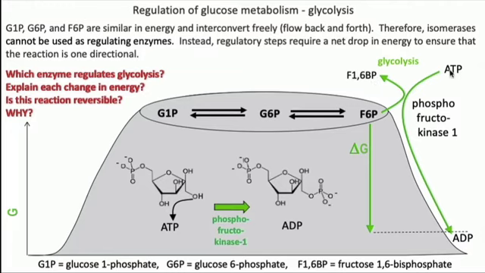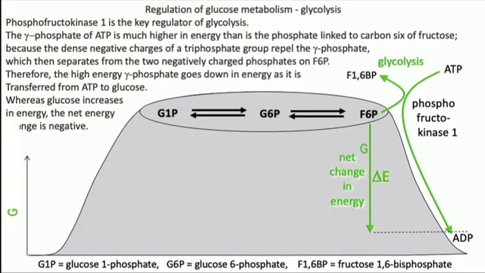In the meantime, ATP has plummeted in energy to ADP so that this step is irreversible. And that's analogous to taking a rock on the top of the hill, which can be pushed back and forth, but if you push it over the edge, it plummets, it's going to stay at the bottom, and that is why phosphofructokinase 1 is the key regulator of glycolysis, as explained here.